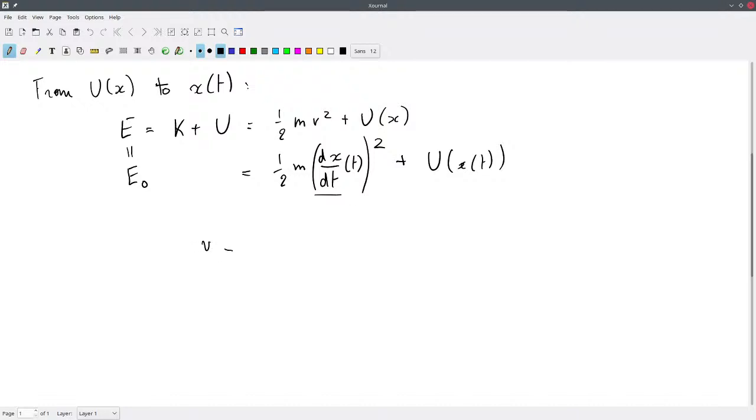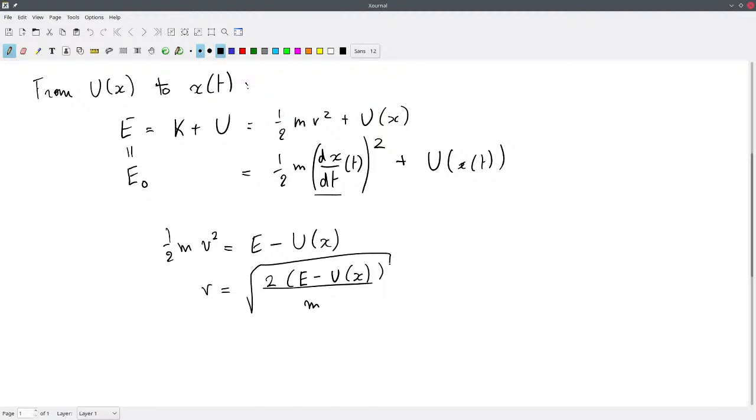So solving it for v, we can write first 1/2 mv squared is the energy, the total energy. I'm not going to write the subscript 0. Just remember that the energy is constant here. So E minus U of x. So v is going to be the square root of 2 times (E minus U of x) over m.